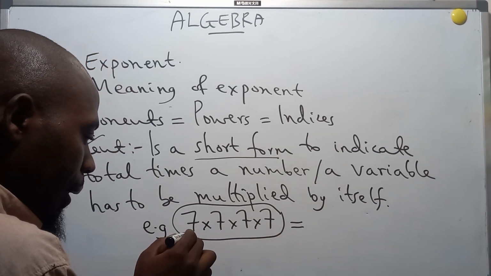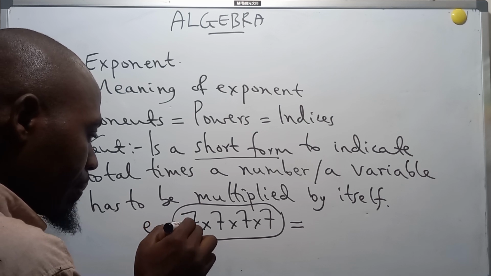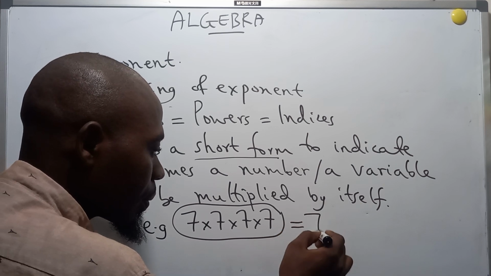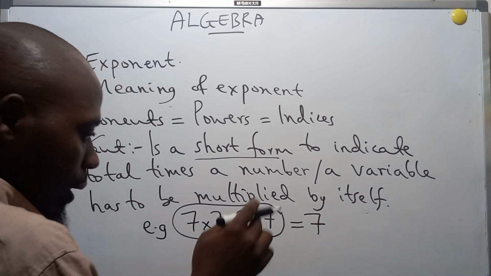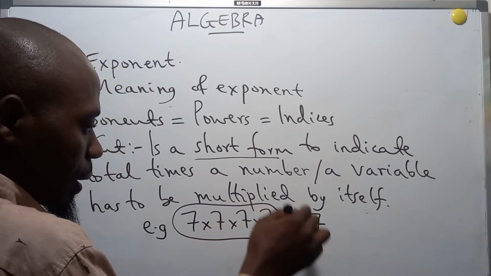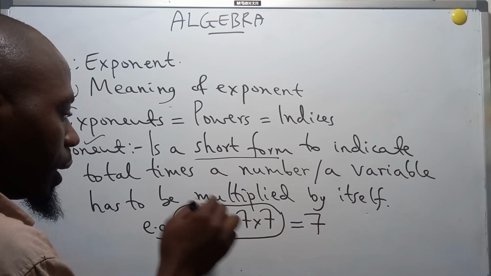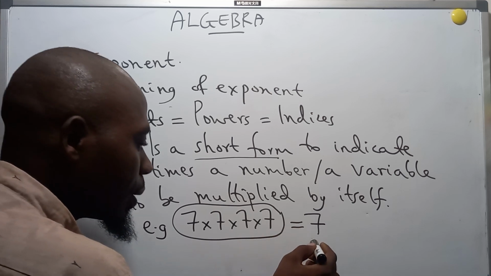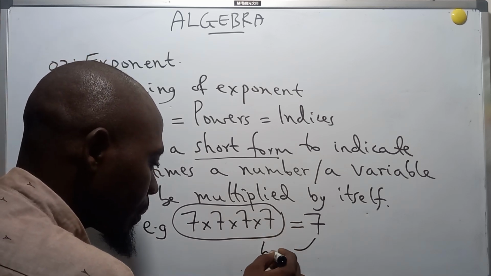I write the number that is being multiplied by itself 4 times, which is 7. This 7 is known as a base.